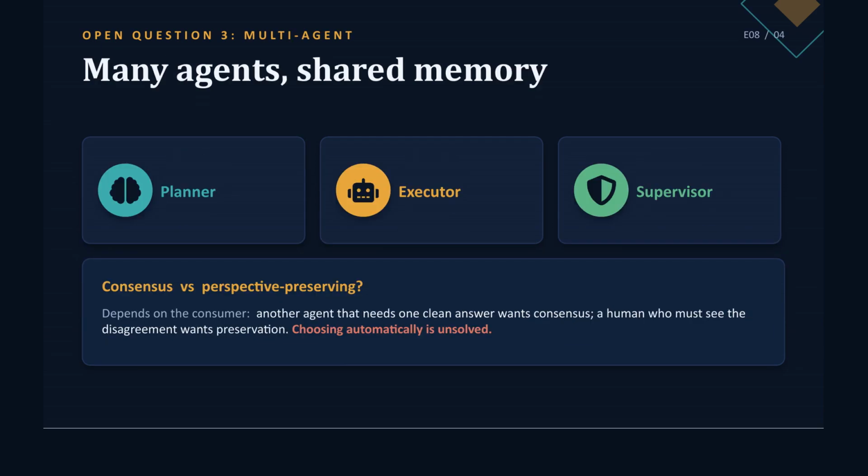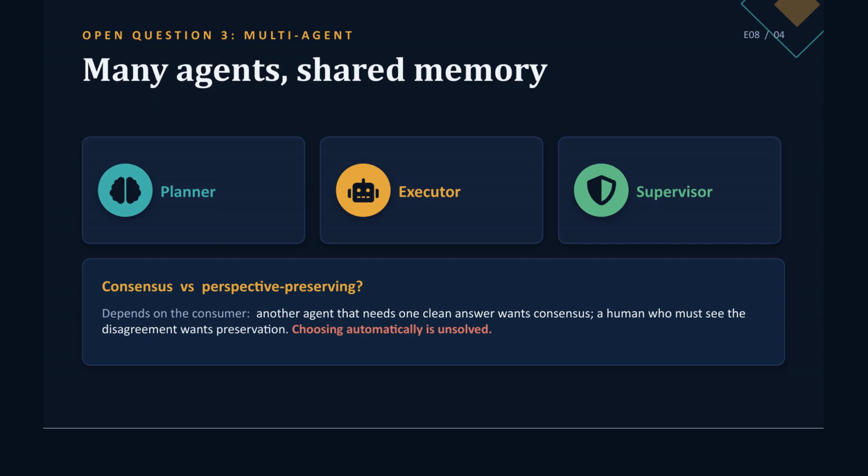Now put several agents around one shared memory: a planner, an executor, a supervisor, each reading and writing. How do they collaborate without corrupting each other? Role-based memory is the natural frame: a clinical agent, an administrative agent, a research agent, each contributing in its lane. But recall the hard lesson from last episode: some conflicts are perspective dependent, and nobody is wrong.